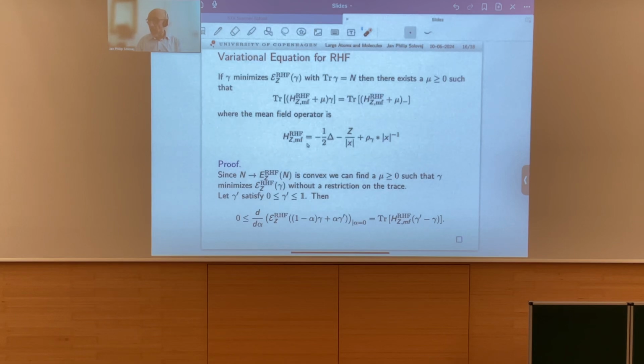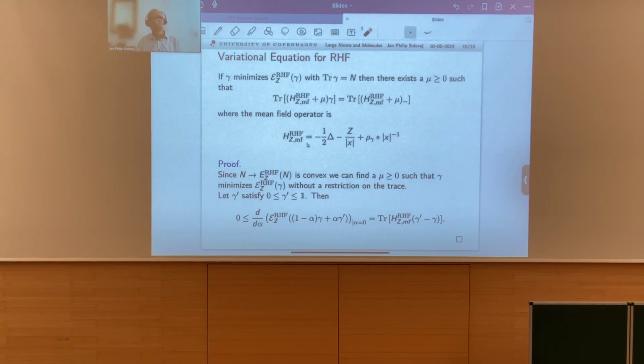The mean field operator is minus 1/2 Laplacian minus z over |x|, plus what an electron would feel from all the other electrons. So rho star 1 over |x| is the electrostatic potential created by a density rho. So this is the attraction to the nucleus and the repulsion from all the other electrons.